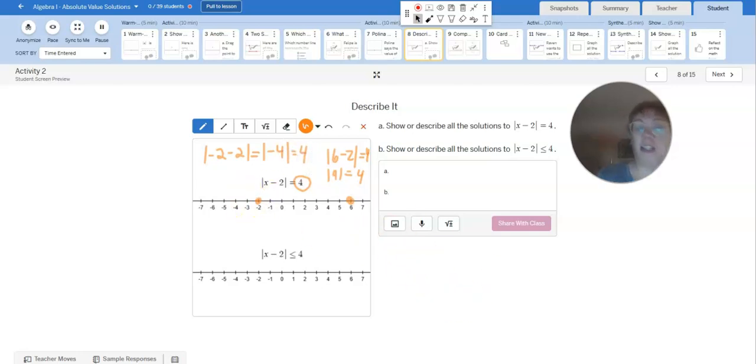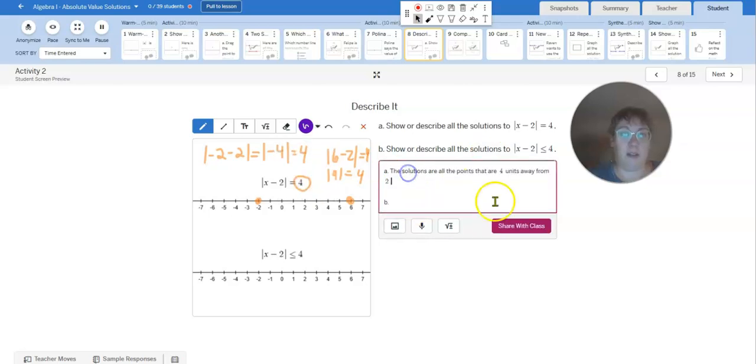So there's our 2 points, at negative 2 and at 6. We have 2 solutions. I'll put our response in for A, which is the solutions are all the points that are 4 units away from 2.